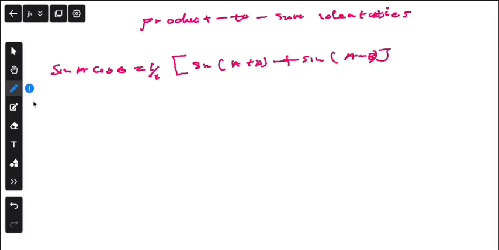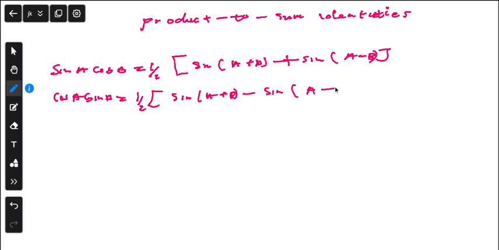The second one is going to be for the cos, so cos A sine B is going to be equal to half, then open bracket sine A plus B. Now the only difference here is going to be on the sign here. Here we are having a positive. For cosine we are going to have a negative, and everything is just going to be the same. So these identities are very, very important.